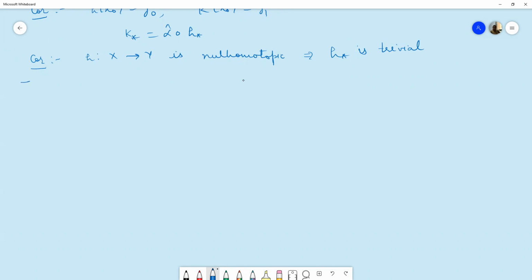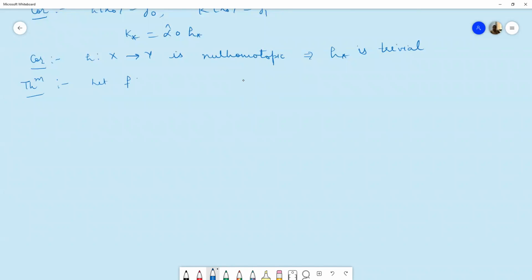So now we come to the main theorem. This theorem says if we have a homotopy equivalence from X to Y, then the fundamental groups of the space X and the fundamental group of the space Y are isomorphic to each other.